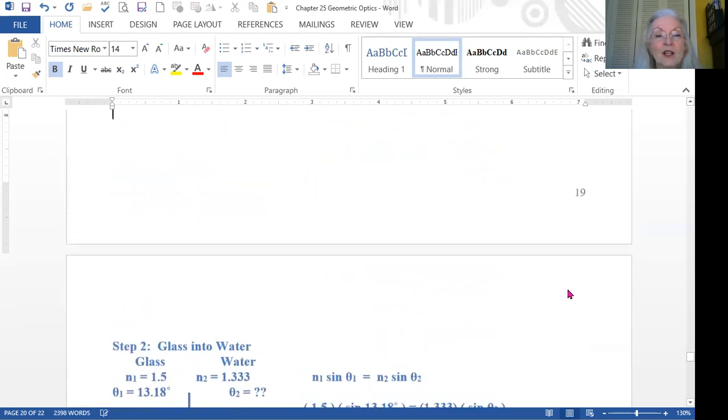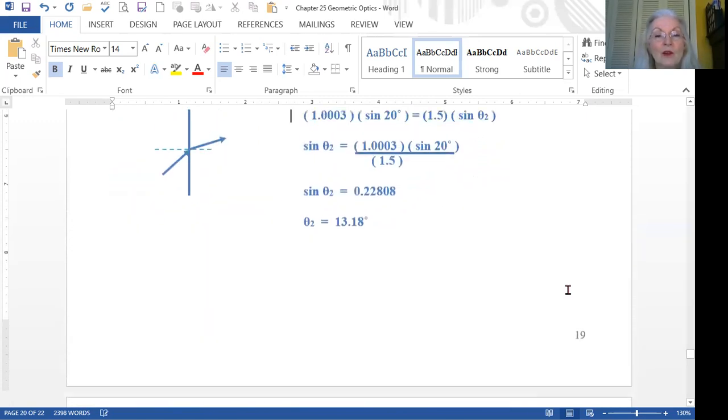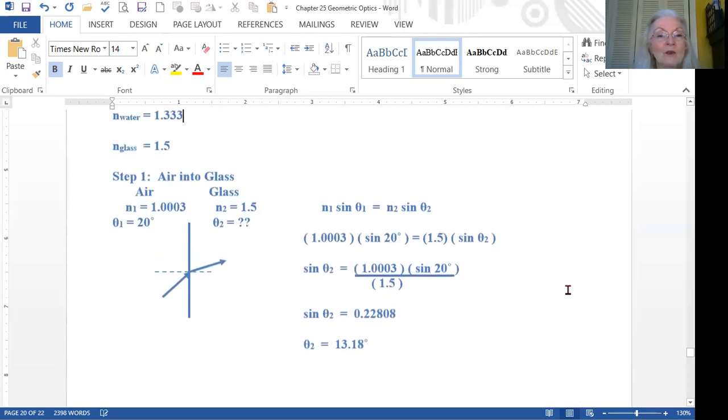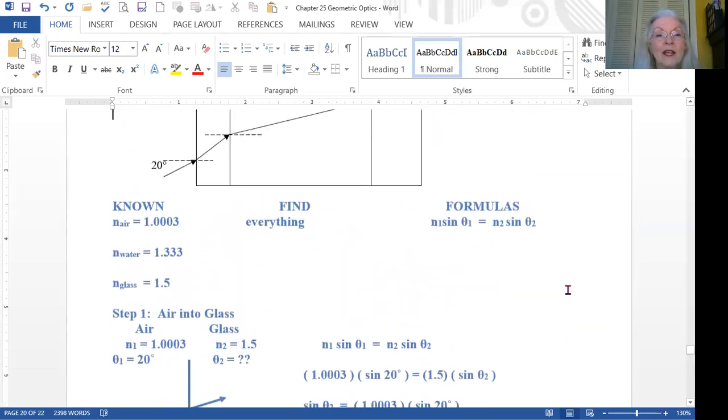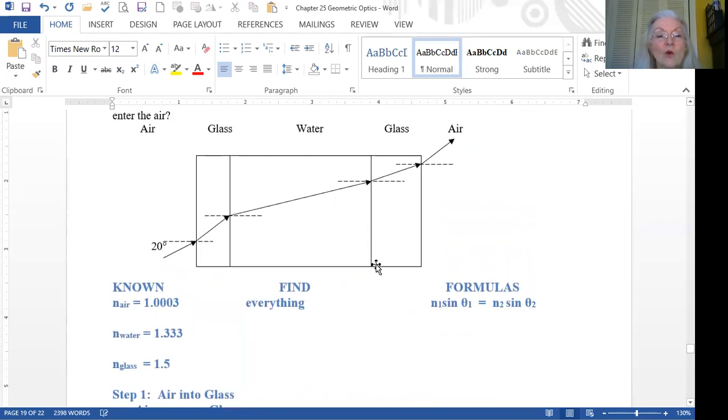So we come back and look at our original picture just for a minute. What we have just discovered is that the angle we exit at is 20 degrees, and that's the same as the angle we entered at. The reason that's true is because of symmetry. We go air on the left, air on the right, glass on the left, glass on the right, water in the middle.